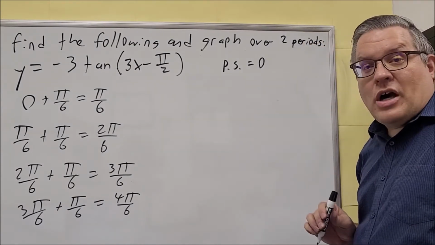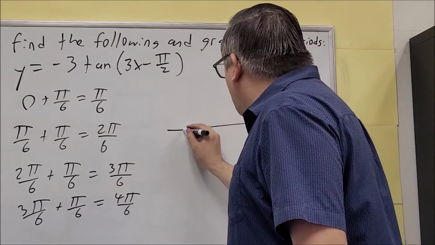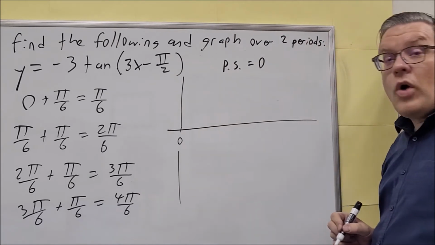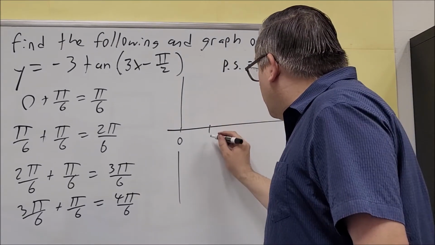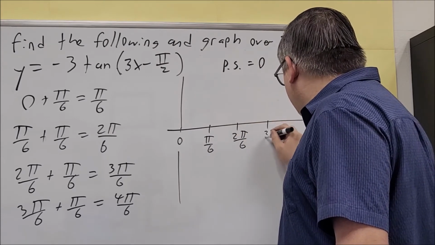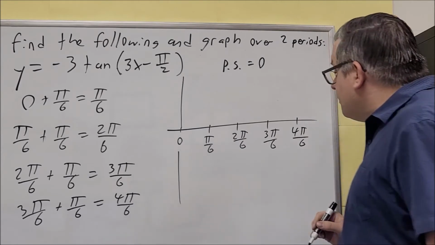Now we can put all these onto the graph. So we're starting out with 0 this time, so we can actually just draw our y-axis right there. And then next we have pi over 6, 2 pi over 6, 3 pi over 6, and 4 pi over 6.